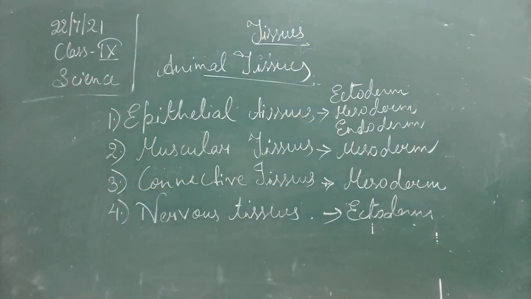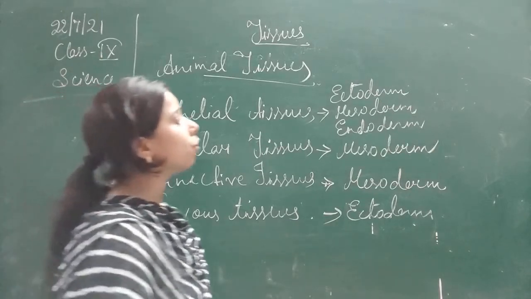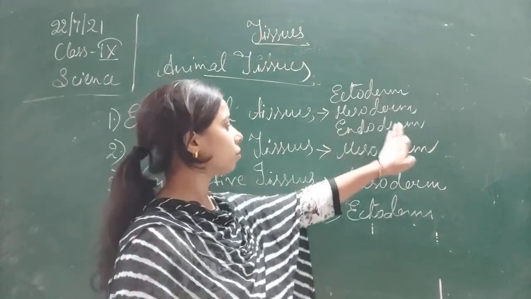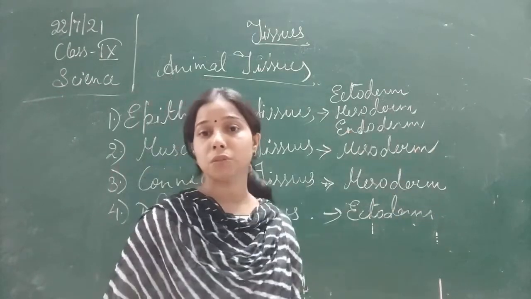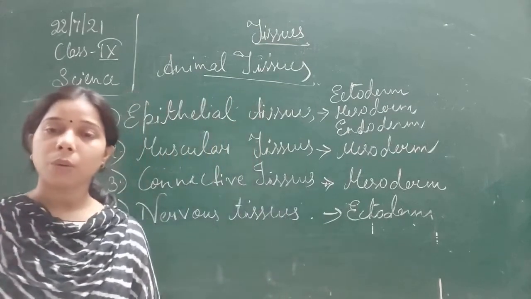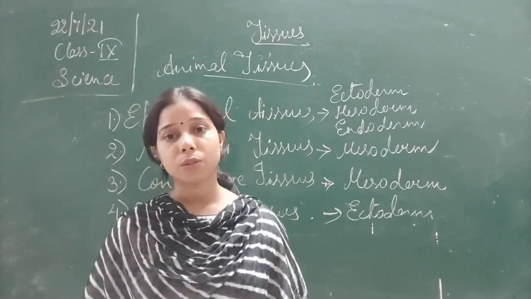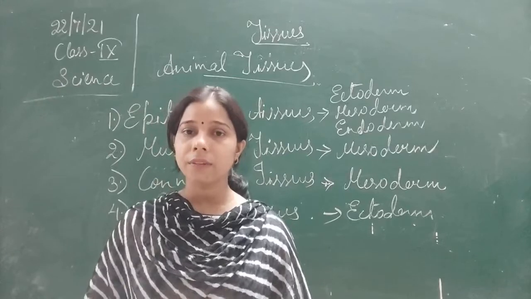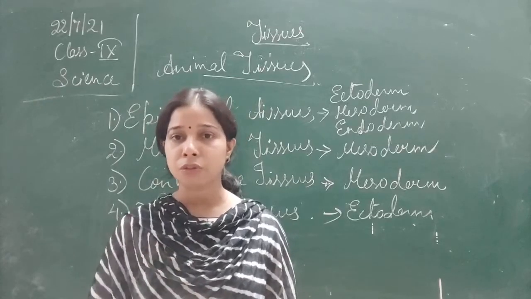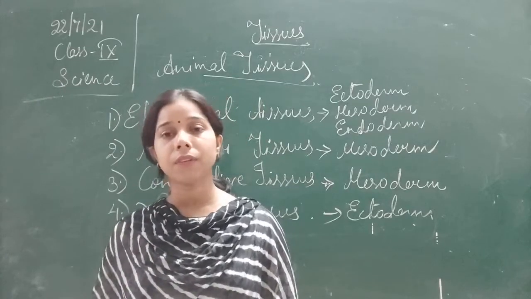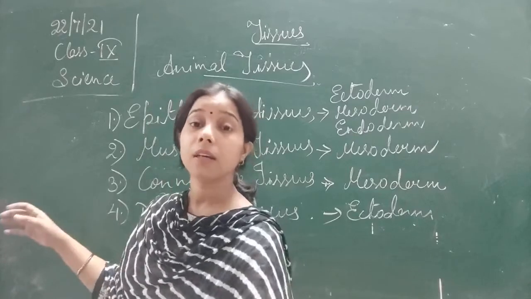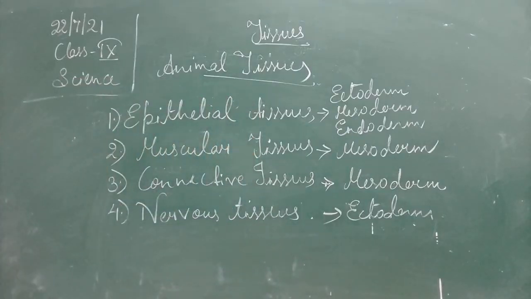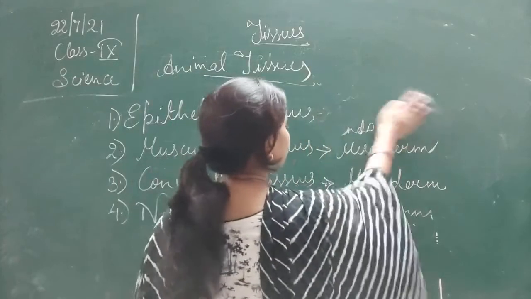So in case of an epithelium tissue, the origin is ecto, meso and endo. Here both of them is meso, and finally nervous tissue where the origin is ectoderm. Now collectively we will see what are the basic functions of all four, and then we will see it in detail. Starting with the first one, that is epithelial tissue.